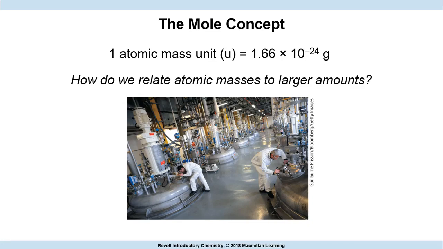Because this is a very small amount. How do we now relate it to larger amounts, like the amounts that chemists can use in the laboratory or in factories? Because you cannot measure out 1.66 times 10 to the minus 24 grams. That is very difficult.